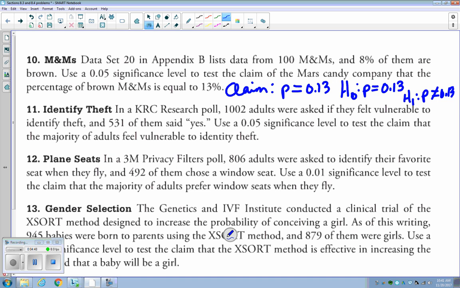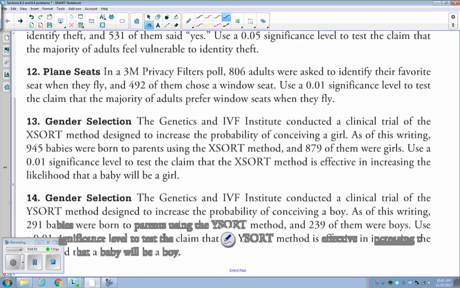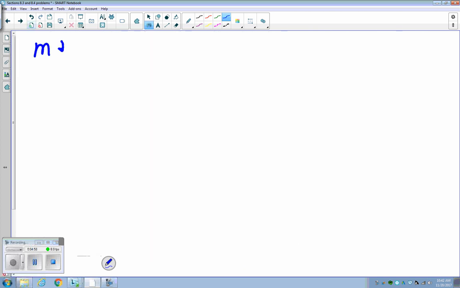I'm going to have to just move down here and grab some more space, or just go and add a page.